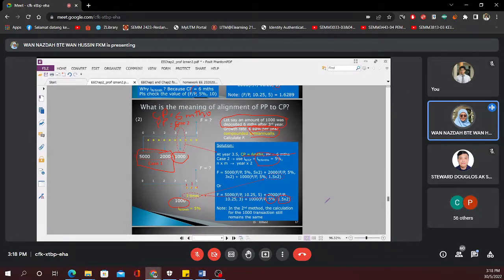Alright. So for the situation where you have a combination of payment period greater than compounding period and payment period equals to compounding period, you have to mix the calculation. For the payment period greater than compounding period, you are advisable to use I effective. And if payment period equals to compounding period, you have no choice. You have to use the I nominal.